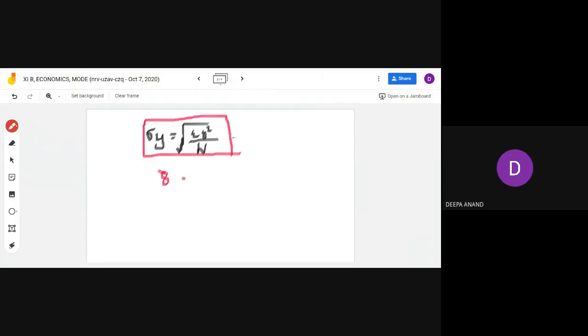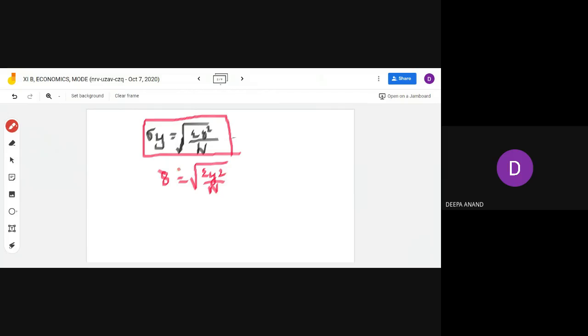Yes, ma'am. 8 is given. That is, 8 is equal to root of sigma y square upon n. y square दिया है क्या? सिग्मा x square दिया है, सिग्मा y square तो नहीं दिया है.